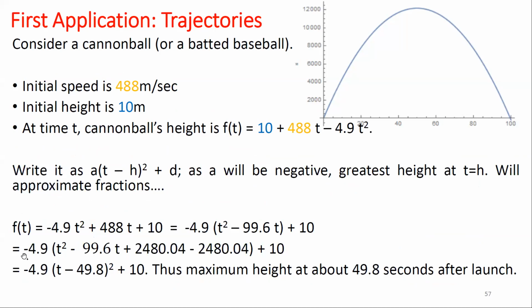What value of t is going to make this as large as possible? 49.8. Yeah, because this quantity here is never negative. It's going to be positive most of the time. But it will be 0 if t equals 49.8. So when t equals 49.8, that's going to give us the maximum height. Which is about what we thought. That's really close to 50. So looking at the curve, we did a pretty good job.